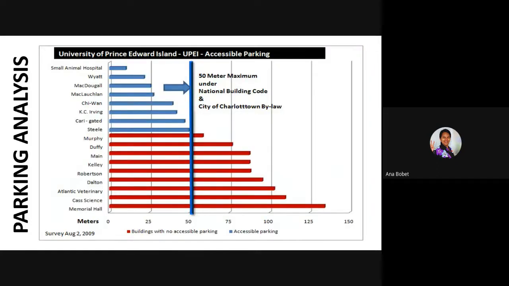Okay, so this is an example of analysis. This is a university assessment of parking. The red would mean the parking area is too far with respect to buildings like Murphy Building, Duffy Building, Memorial Hall. So the parking space is too far, so they're not happy. In the blue area, the parking space is within, near their building.